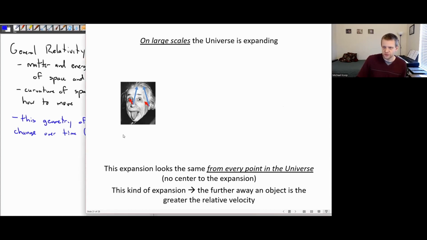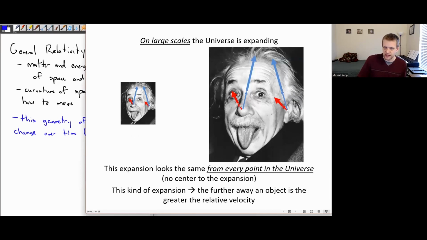If this Einstein face is expanding, the point that was close to me, the eyelash, has moved away, but not very quickly. Whereas that tuft of hair has moved much further away. The further away the objects are, the faster they seem to be moving away from me due to the expansion of the universe.